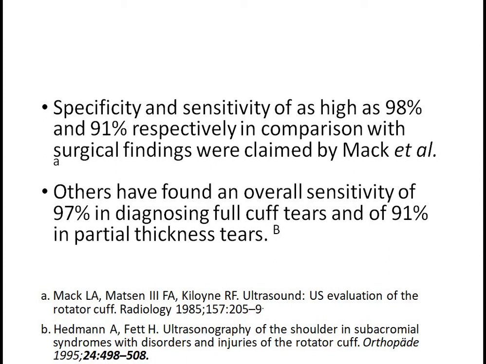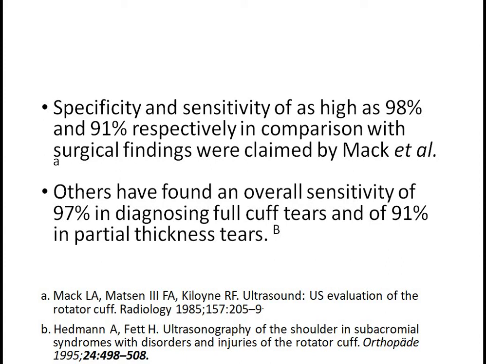We have also discussed the other two parameters, the positive predictive value and the negative predictive value. The positive predictive value is the true positives divided by all positives, whether true positive or false positive.